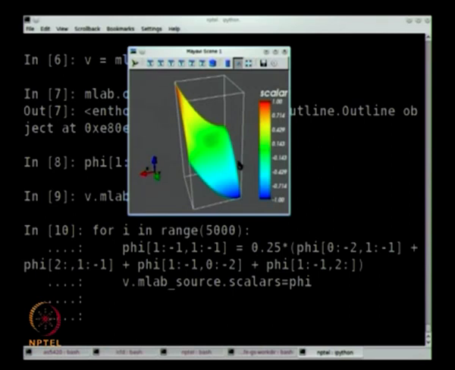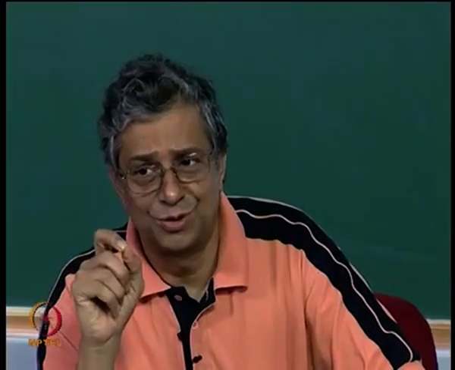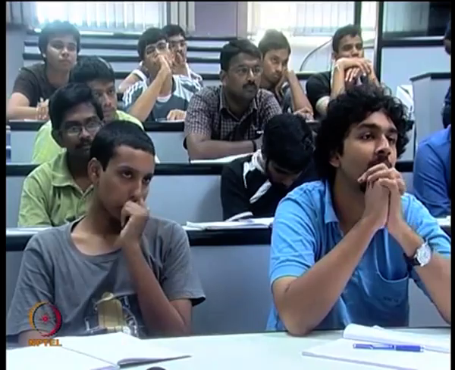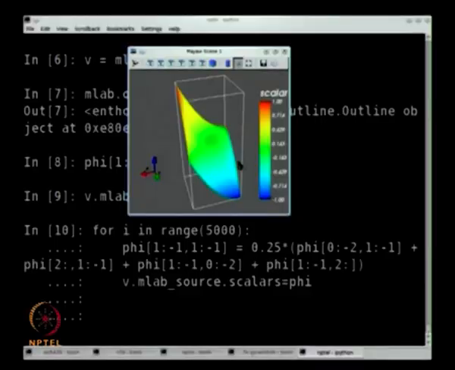And remember that just because on the screen it looks close to the solution does not mean that it is close to the solution. The screen resolution is very small. Is that fine? Okay. So these are some skills that I think you should try to acquire, that you are able to visualize your data, and that you are able to do it while your code is actually running, right?